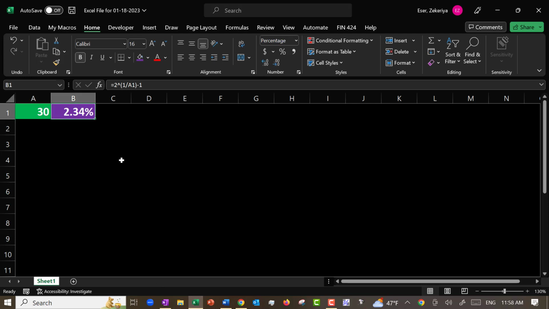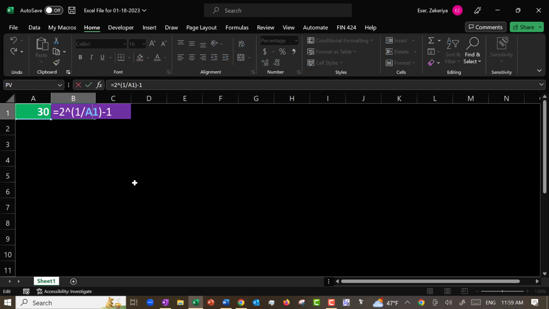Now, when you write formulas, they're going to contain numbers and they're going to contain references. In this case, I have something called A1. As far as Excel is concerned, A1 is what we call a reference, and it says, when you make these calculations, go to the cell that is tagged as A1, grab its value, and use it in the calculation.